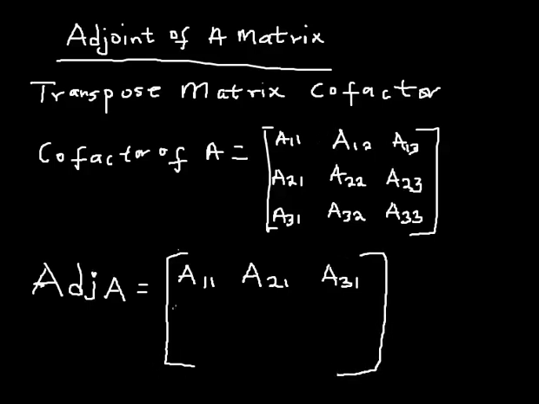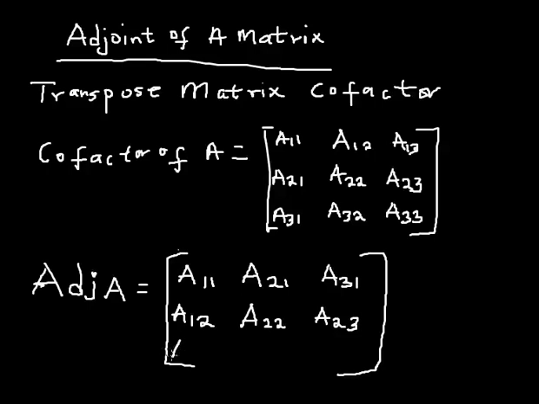Second column becomes the second row. That's A12, A22, A23. The third column becomes the third row.